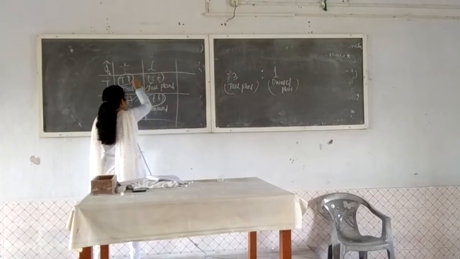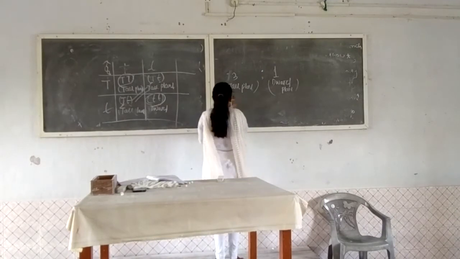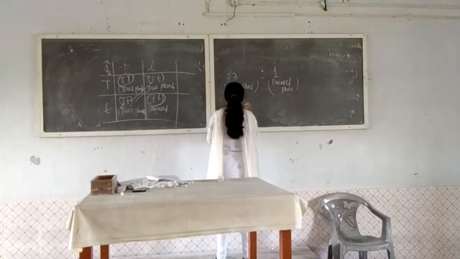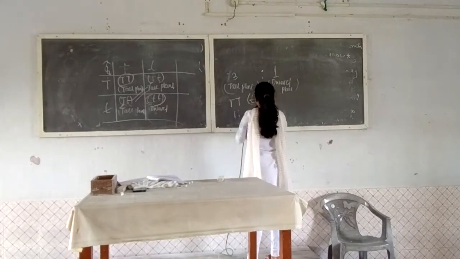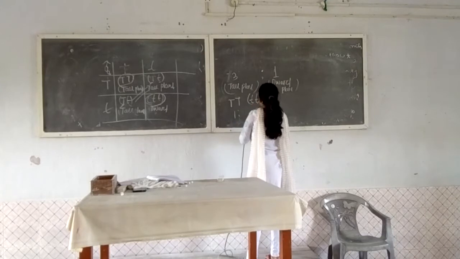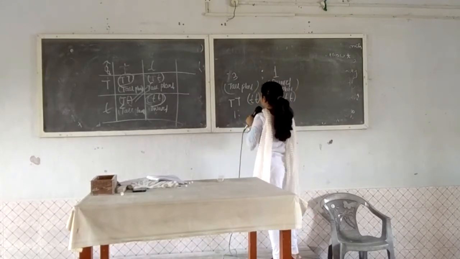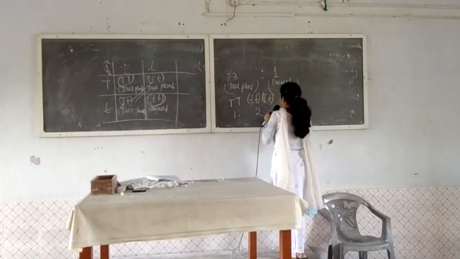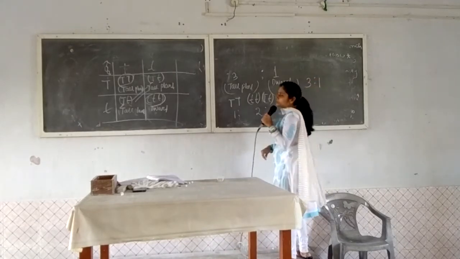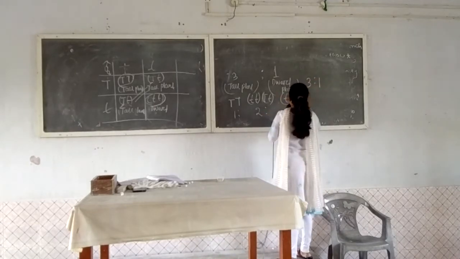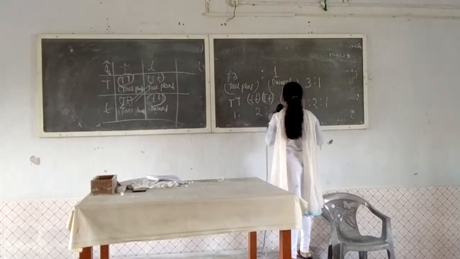Genotypically these are the same, this is different, this is different. So the phenotypic ratio is 3 is to 1, but the genotypic ratio is 1 is to 2 is to 1 ratio.